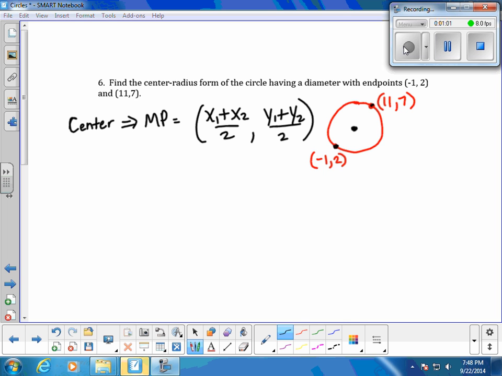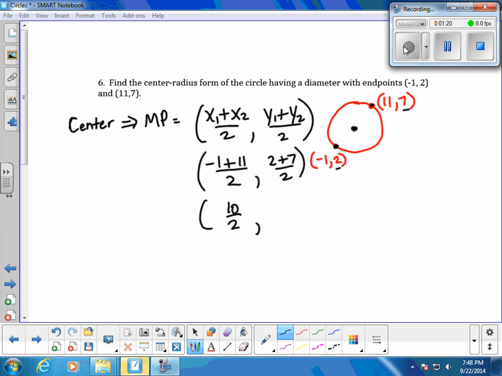Add the x values, divide by 2, add the y values. So let's do that. We're going to have -1 plus 11 divided by 2, and then for the y values, 2 plus 7 divided by 2.